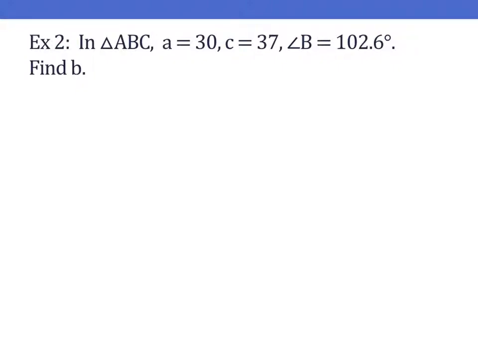All right, now let's look at example 2. Same thing, we have two sides and the angle in between. And I'm looking for side B. So what I would actually prefer doing as far as calculator work, let's go ahead and take the square root. You have to take the square root at the end anyway.